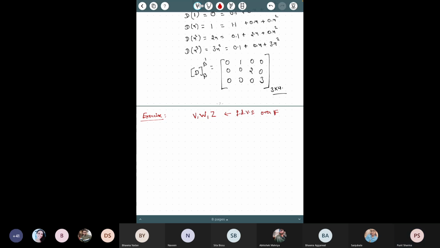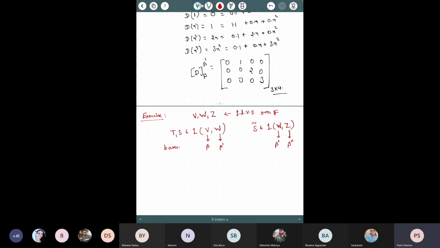Assume that T and S are linear transformations from V to W, and we have another linear transformation, let's say S tilde, from W to Z. Suppose that we fix bases for these vector spaces, let's say B for V, B dash for W, and B double dash for Z. For W also we take the same B dash.